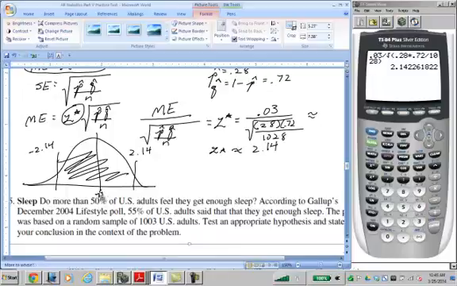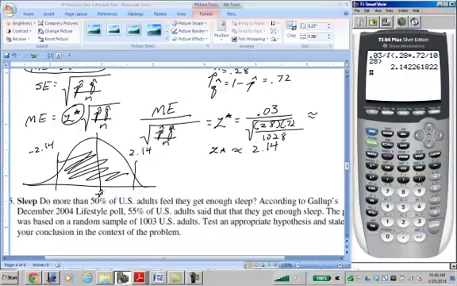What's in the middle is p hat. To get the area under that curve, we'll use normal CDF, going from the left, negative 2.14, to the right, positive 2.14. And it's 0.967.